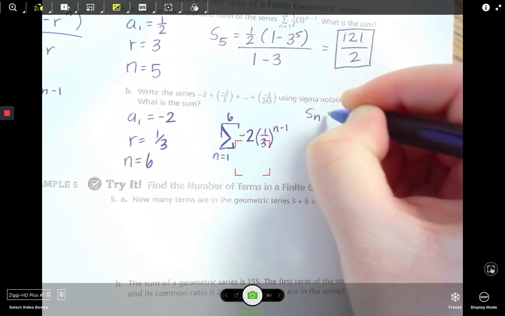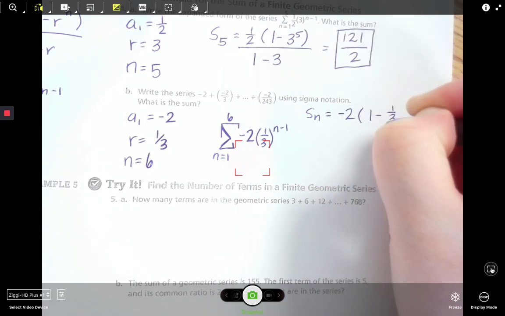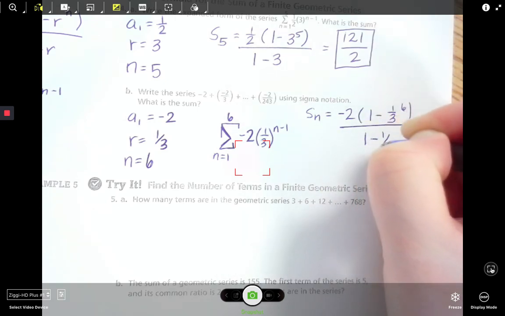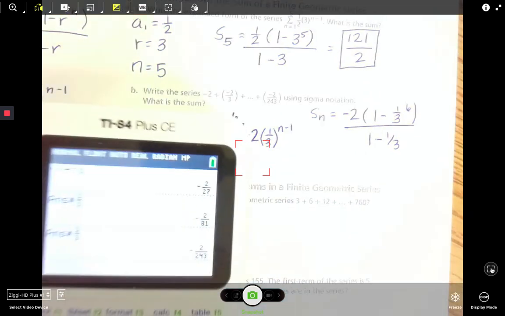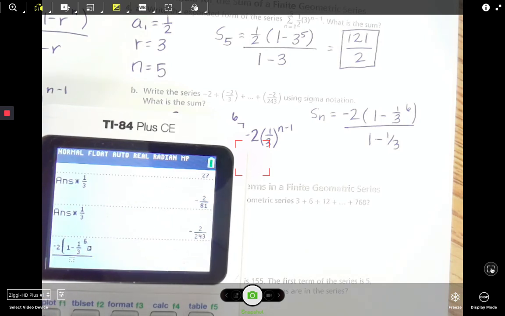So the sum of this, they also want to know the sum. A sub 1 times 1 minus 1/3 to the 6th power over 1 minus 1/3. -2 times 1 minus 1/3 raised to the 6th power over 1 minus 1/3.